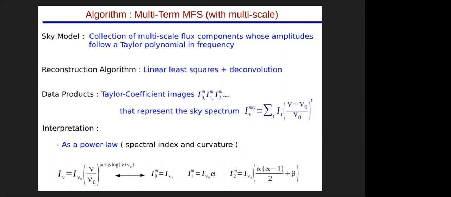So what is the solution? The solution is to do multi-frequency synthesis. In that case, you are modeling the sources as a function of bandwidth. That is the basic motivation behind doing multi-frequency synthesis. So whenever you have a wide band, you should do multi-frequency synthesis, not a single collapsed image at the central channel.